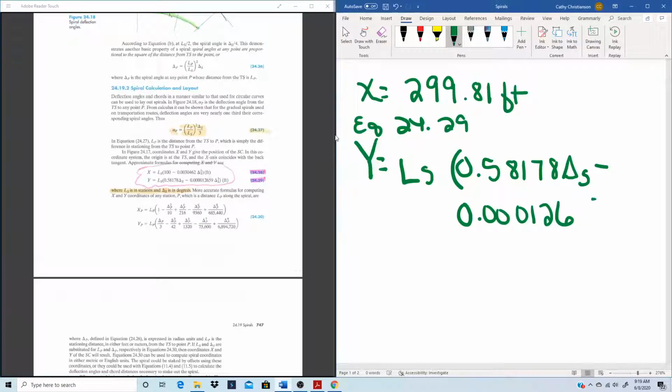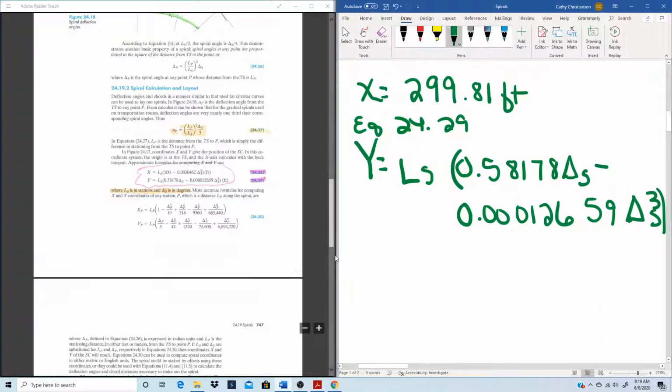This is probably one of the hardest problems to work, and this is theta s cubed. So it looks like that. So all that, I'm going to go ahead and plug the numbers in. So y equals, LS in stations is 3. I'm just going to put that out.